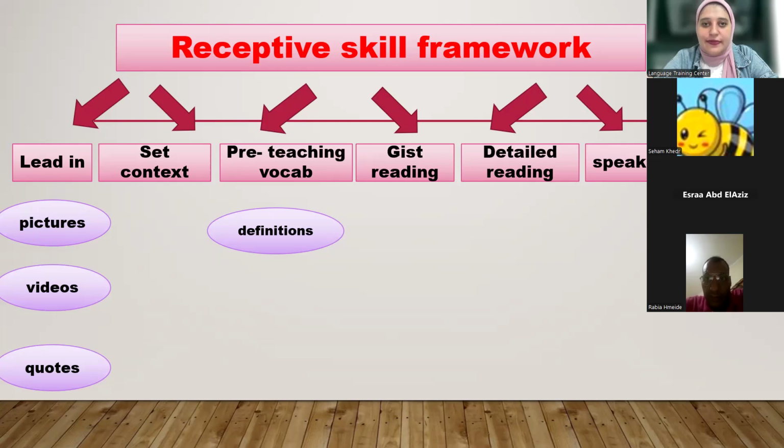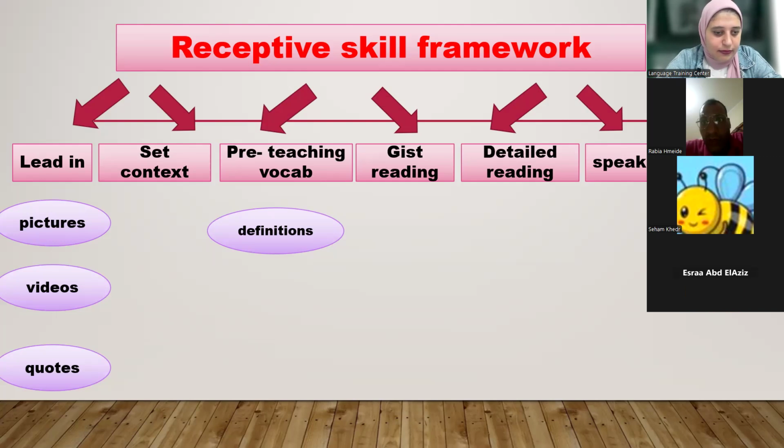I think we can ask them to make simple sentences using the new vocab, and I think it's more appropriate for intermediate level. Yes, but this is not a vocab lesson, you know? You're just giving them this task in order to unblock the difficult words that they may face in the text.